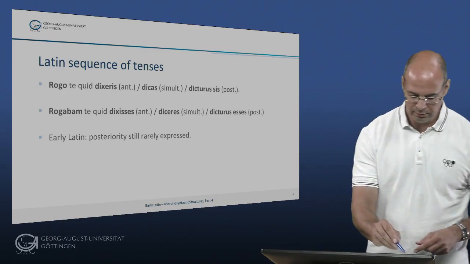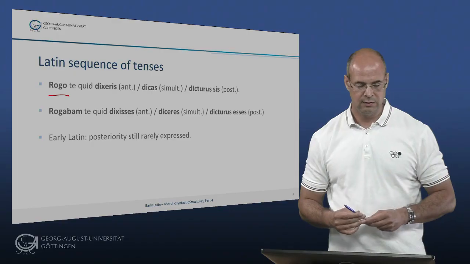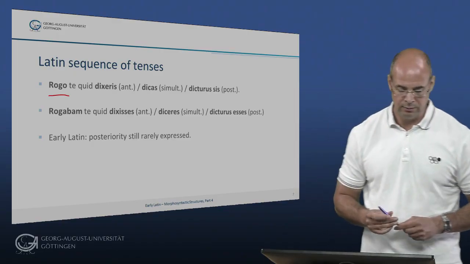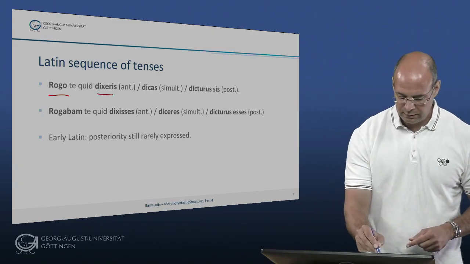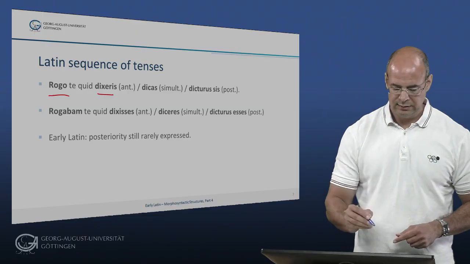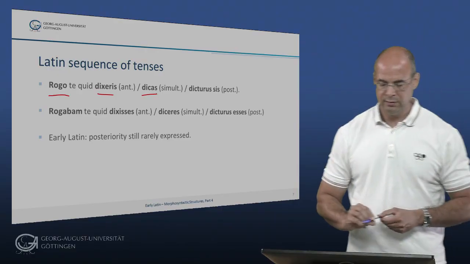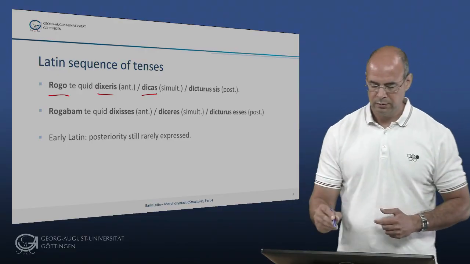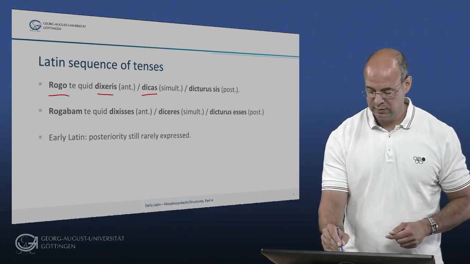So, for example, present tense main clause, so a non-past tense, rogo te, I'm asking you. What you have said, perfect, dixeris, what you are saying, present, dicas, or what you are going to say, posterior subjunctive, dicturus sis.